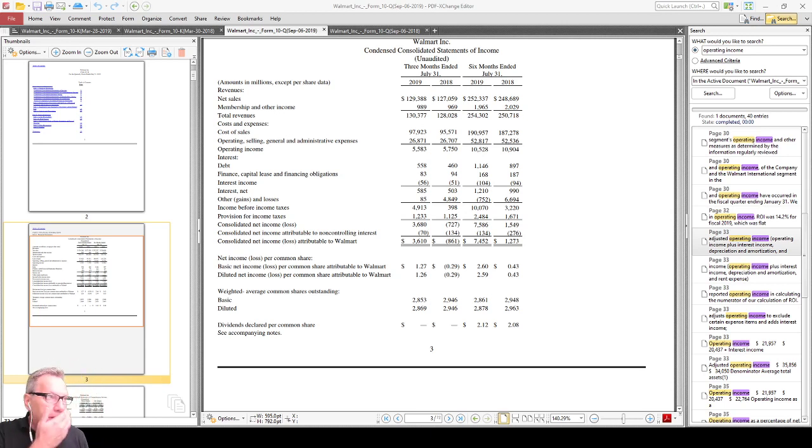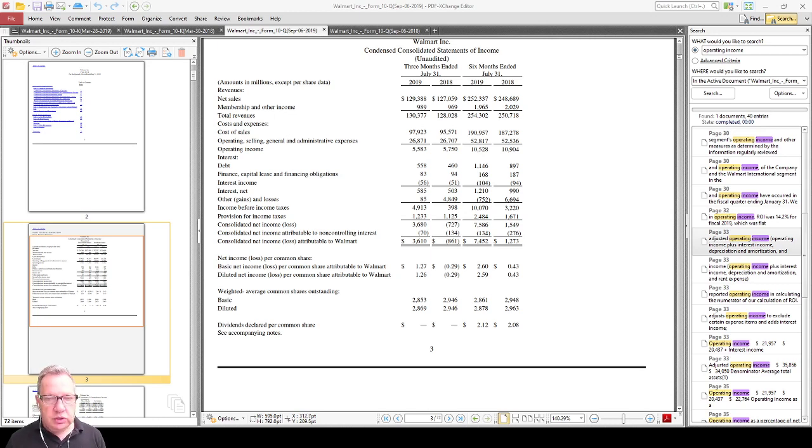All right, so the two numbers that I've put in are these numbers here, 5583 and 5750, operating income. What's coming afterwards is all the financing stuff that gets you down to your net income. It's this bottom part that's used in your free cash flow to equity. It's this top part that's used in your free cash flow to the firm.